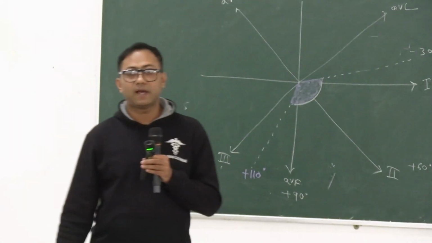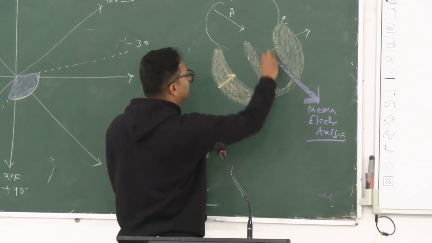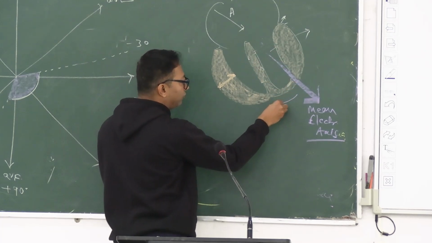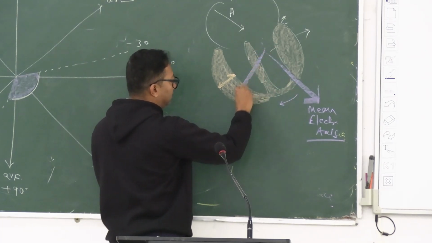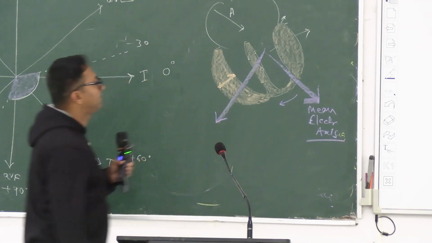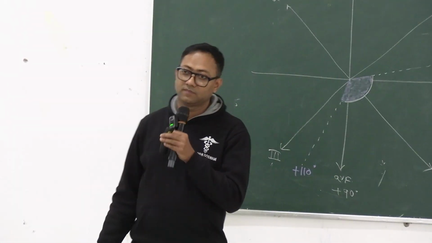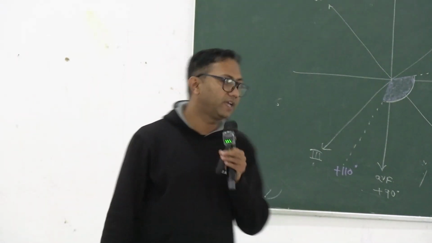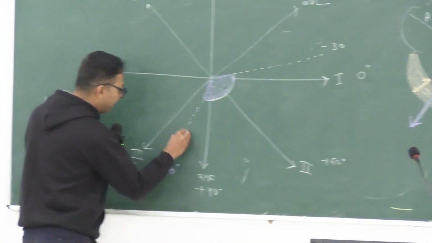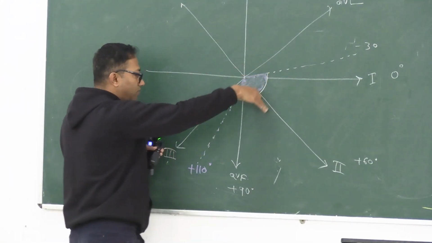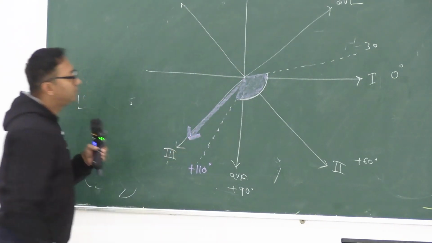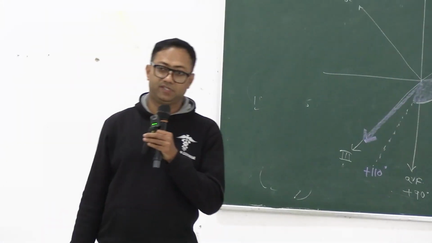So what will happen to this mean electrical axis? It will rotate towards the right, and if it crosses this dotted line, we call it right axis deviation.